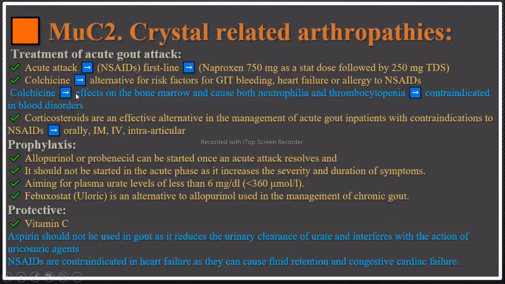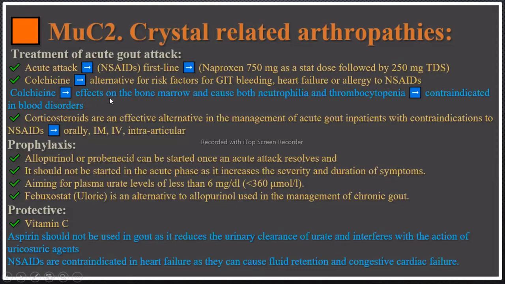Colchicine can be used as an alternative for risk factors for GI bleed or heart failure or allergy. So if they mention clearly the patient is allergic to non-steroidal, colchicine. They mention the patient has heart failure, colchicine. Patient has GI bleed, present or past, so colchicine.